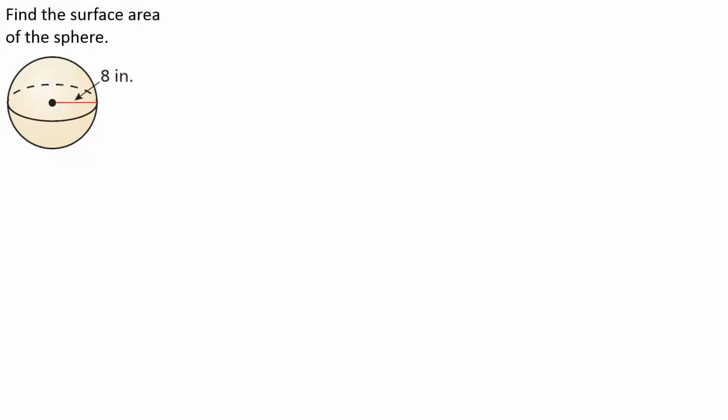So let's do a couple examples here. Well, I know the radius is 8. For surface area, it'll be 4 pi r squared. Of course, 8 times 8 is 64. 4 times 64 is 256.